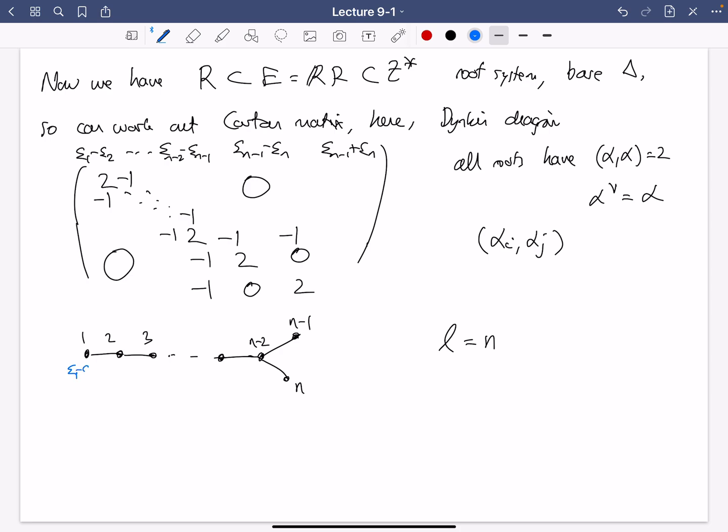This was epsilon 1 minus epsilon 2, all the way down to epsilon n minus 2 minus epsilon n minus 1. This is epsilon n minus 1 minus epsilon n, and this is epsilon n minus 1 plus epsilon n. So there's only one root length here. All the roots have got (alpha, alpha) equal to 2, so there's no double or triple bonds, no less thans or greater thans on the edges of the Dynkin diagram, and I've just put in an edge wherever there's a minus 1 in this Cartan matrix. So this is the Dn Dynkin diagram.